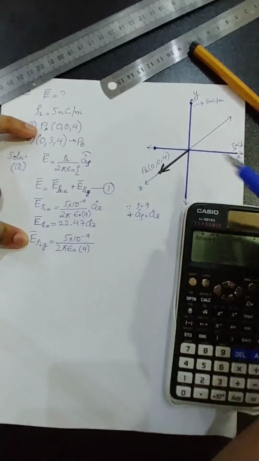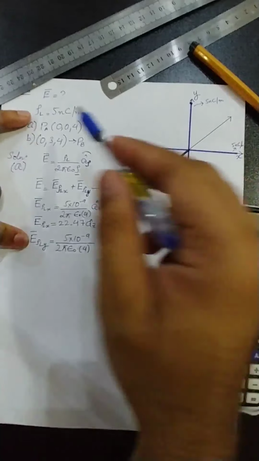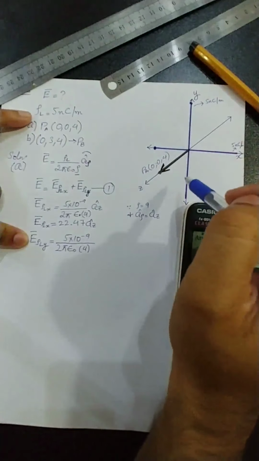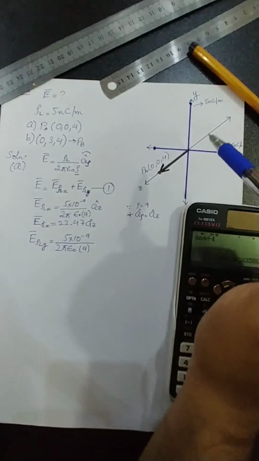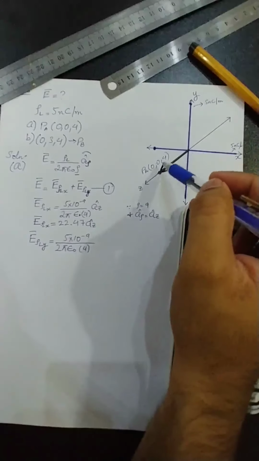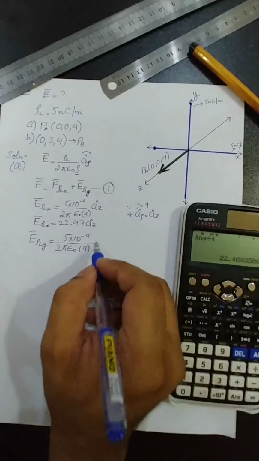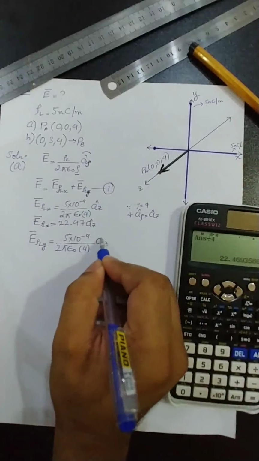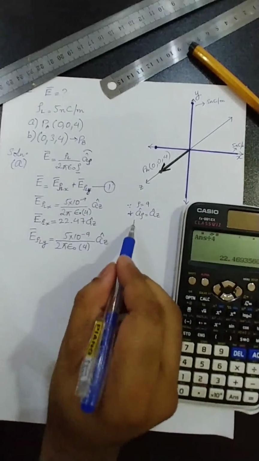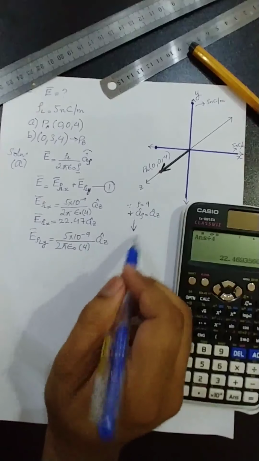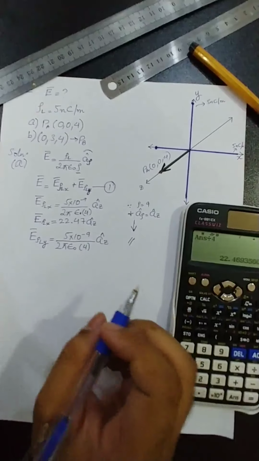So the direction would remain the same, because the line charge on y-axis also has a positive value, so it will push the test charge away, so we'll have the arrow to be az. And I'm not repeating it, but in exams you'll have to give the reasons like this.